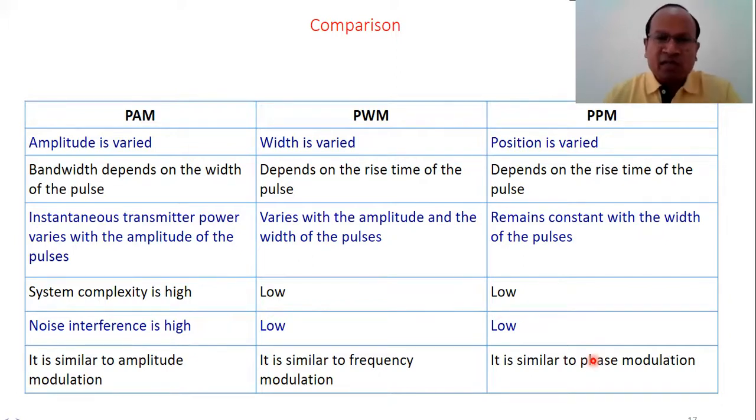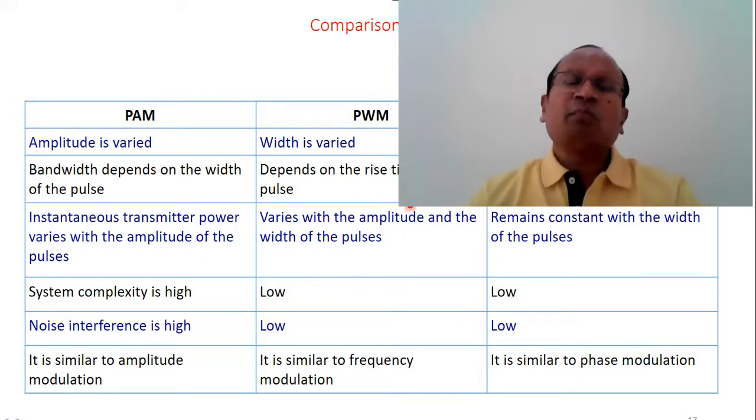So there is phase change. So if we compare with analog modulation schemes, we can say pulse amplitude modulation is similar to amplitude modulation, pulse width modulation is similar to frequency modulation, and pulse position modulation is similar to phase modulation.